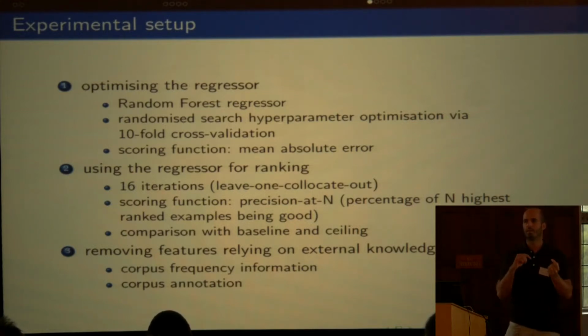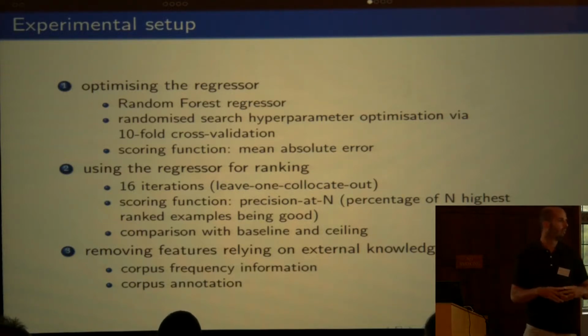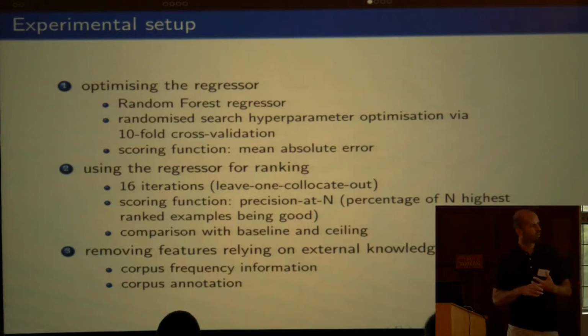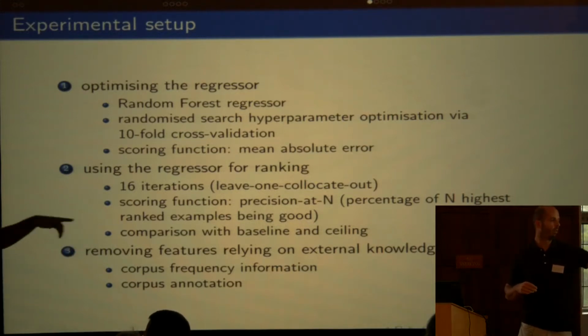So we still did have the same head word in training and testing data, but at least not the same collocates. And the scoring function, which we should understand, is precision at n. So we calculate the percentage of the n highest ranked examples that are good. For instance, we look at the first 3 examples and calculate the percentage of those first 3 that were really good. And we compare with a baseline and a ceiling.